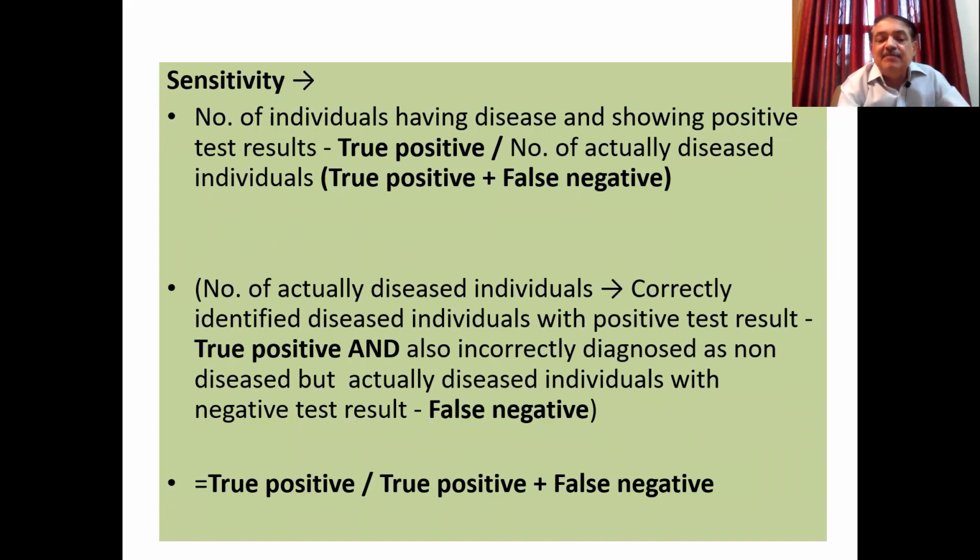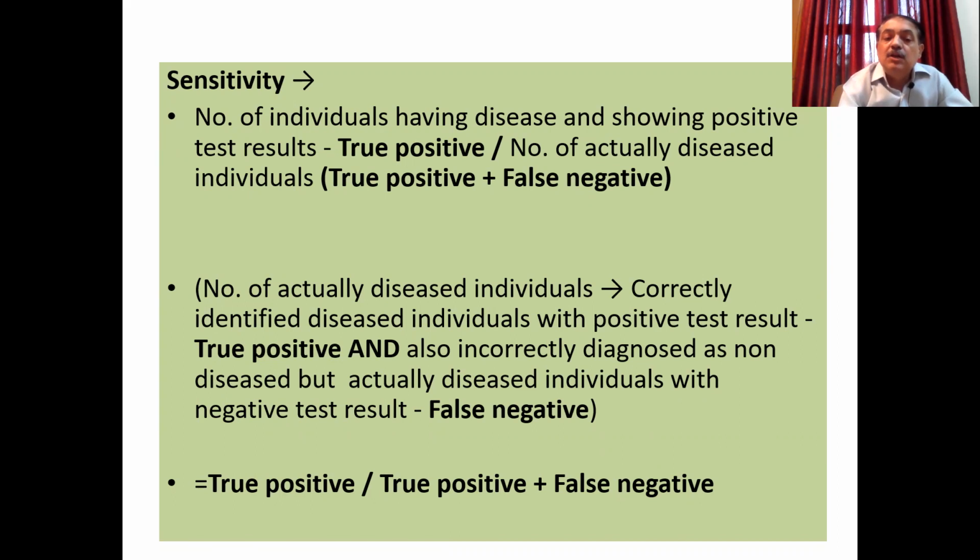Now we can calculate the sensitivity: the number of individuals having disease and showing positive test results, that is true positive, out of all the diseased persons. That is the number of actually diseased individuals, including true positives who are correctly identified, and also those who could not be identified but are diseased, the false negatives.